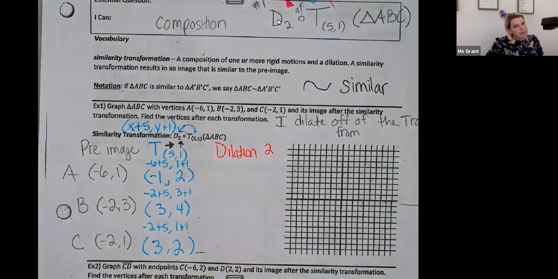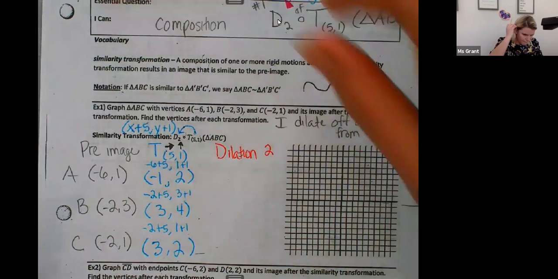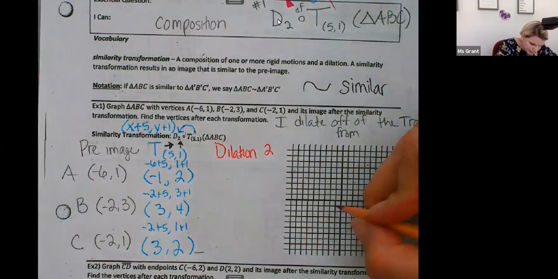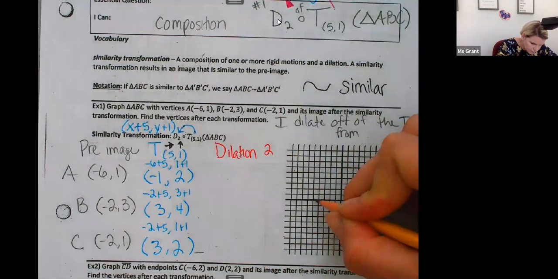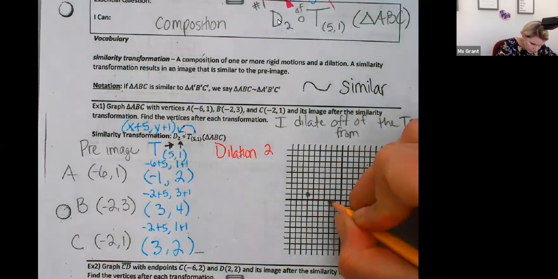I'm not going to draw every single movement on this, but I will draw this one. I will draw the pencil first, and then I'll draw the blue, and then before I do red. Okay. Pencil. -6, 1. -2, 3.